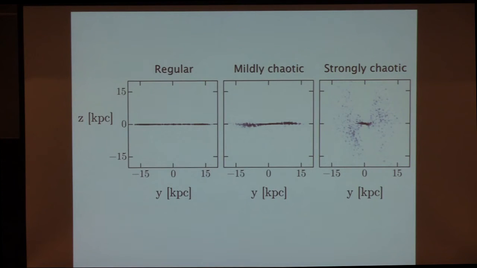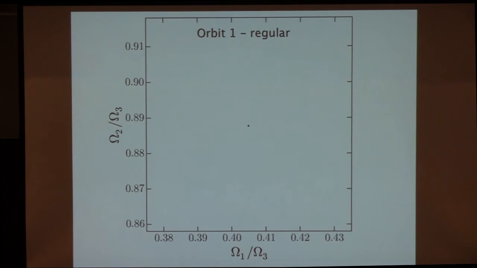And what we think is going on here, right, so what we were worried about was we didn't expect to see any stream fanning, even in the mildly chaotic case. And so our explanation for this is frequency diffusion, but it's over time scales that have not been explored before.